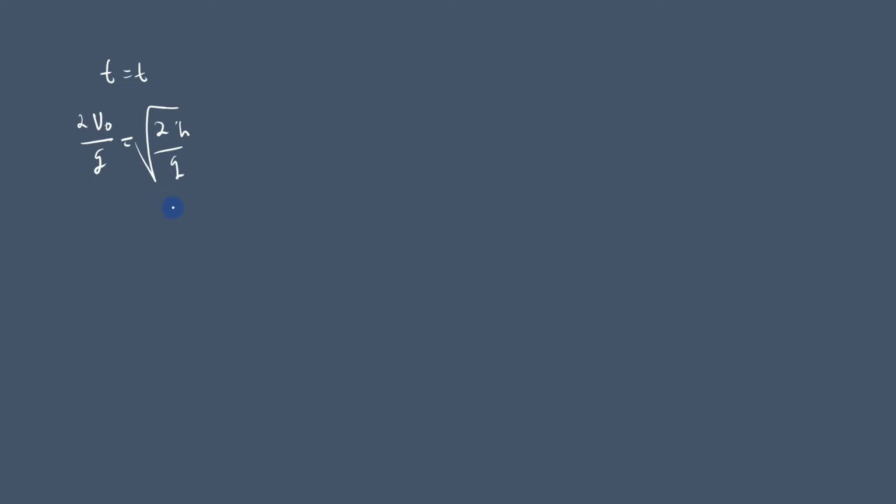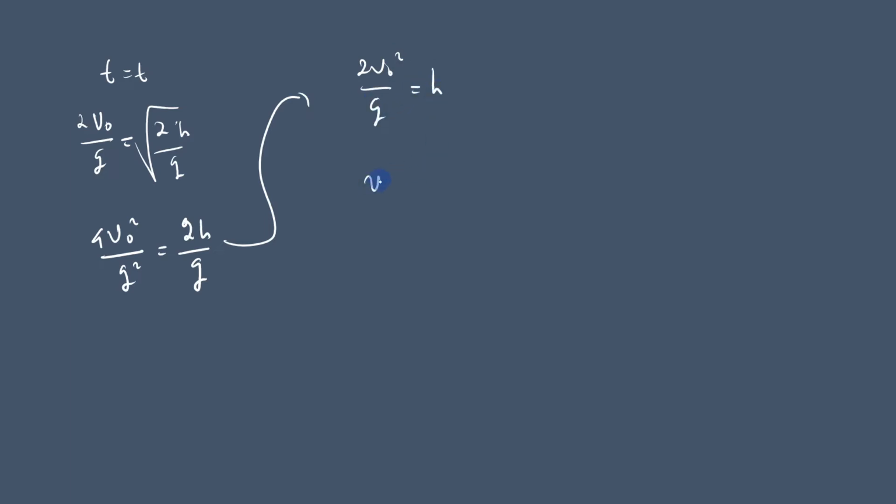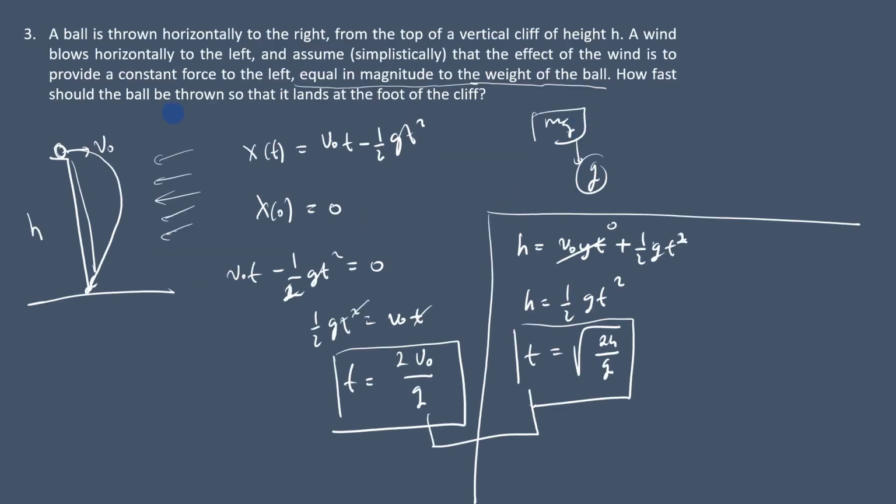We can square this term, and we get 4 v0 squared divided by g squared equals 2h divided by g, and we can simplify this term, and we get 2 times v0 squared divided by g equals h. So v0 equals the square root of gh divided by 2. Okay, this is the velocity at which the ball should be thrown so that it lands at the foot of the cliff.